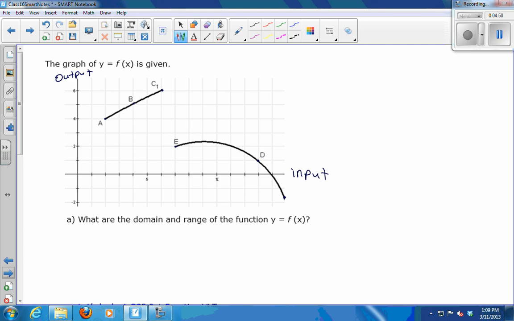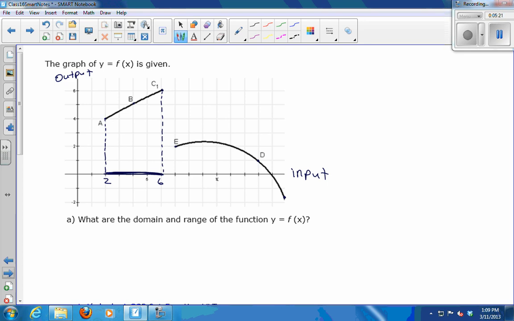So just look at this little chunk here, this ABC piece. I want to know what x values does it live on? What's the smallest x value and the biggest x value where that function lives? 2 to 6, yep. So we can just drop down to the x-axis. And what we've got here are x values where that function lives, from 2 to 6. Okay. Now, how about the other piece of the graph?